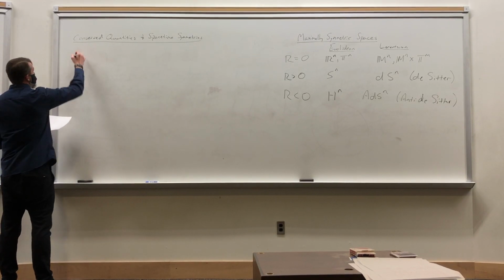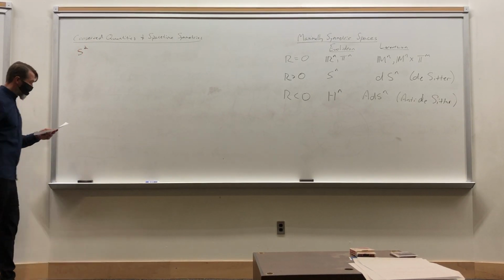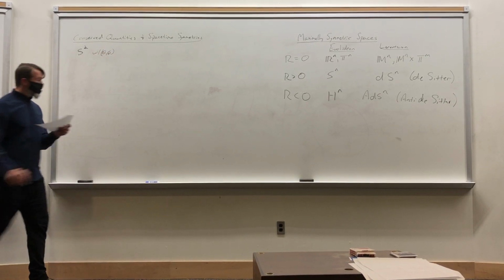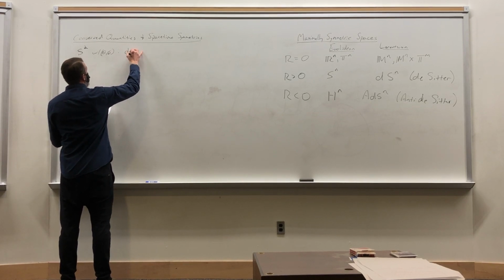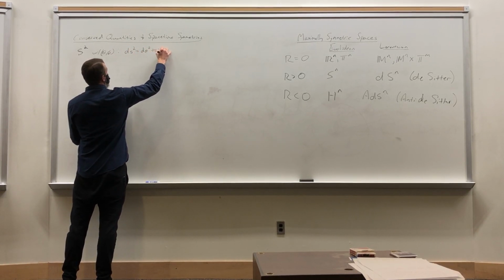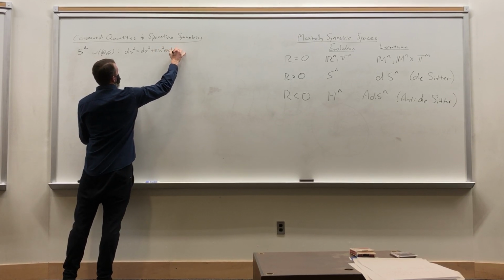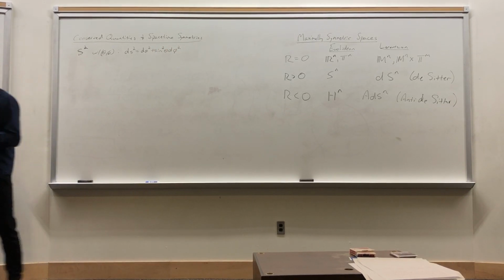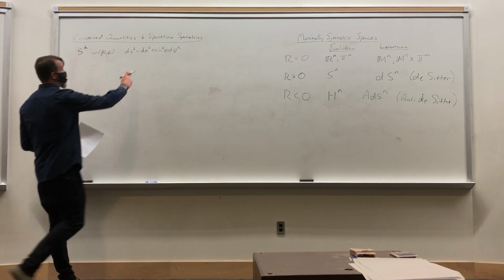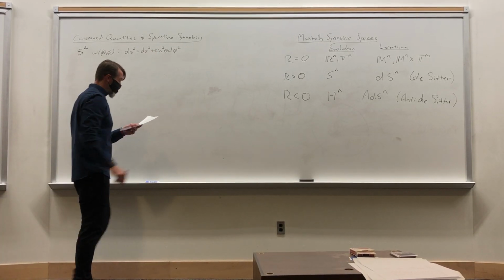First of all, let's do S2. With the angles theta and phi as the coordinates for the S2, we know that ds squared is d theta squared plus sine squared theta d phi squared. So this is a two-dimensional sphere with radius of 1, so the r squared factors are just 1.